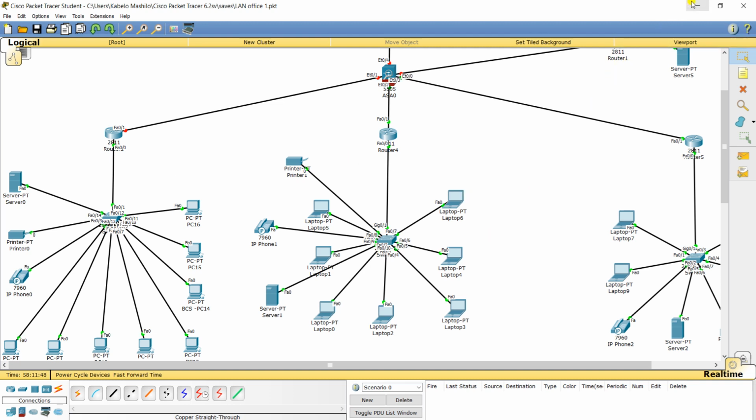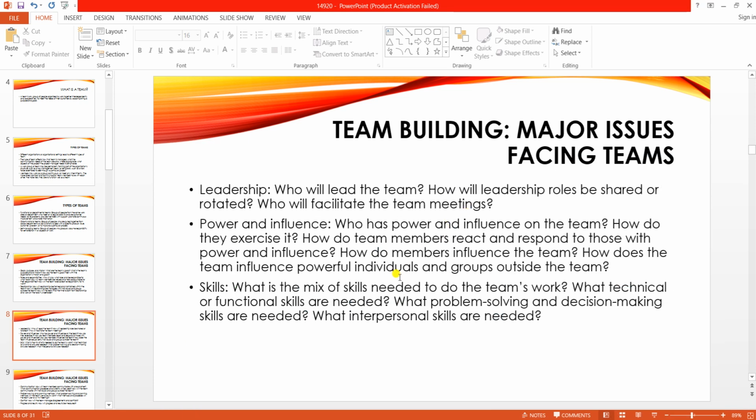So that's what it emphasizes, the influence on the team and how they exercise it. This is where your project manager or team leader can find mitigating steps to exercise the solutions to the problem encountered.